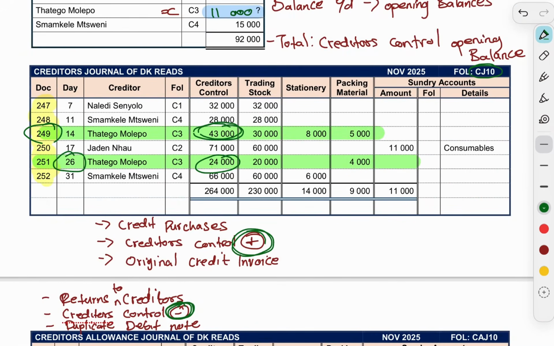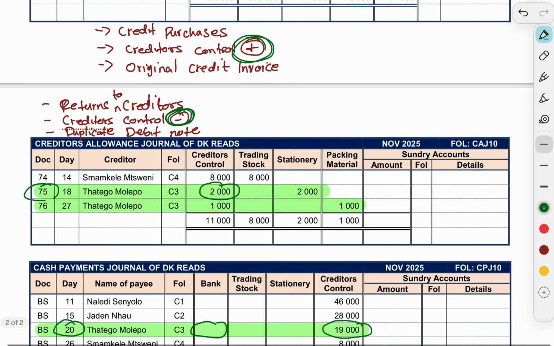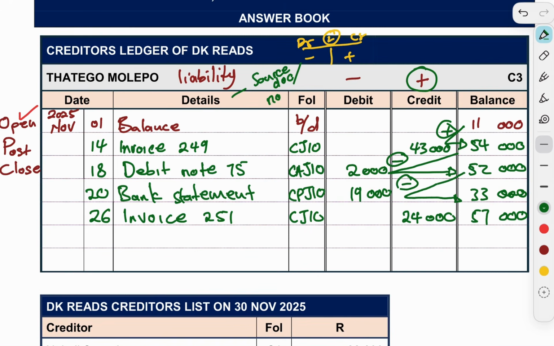Then let's move on to day 27, the next transaction. It's under the allowances journal. So there was a return to the creditor Tatego Molepo, and the document number is 76. That means we are reducing the account. So it's day 27, debit note number 76.